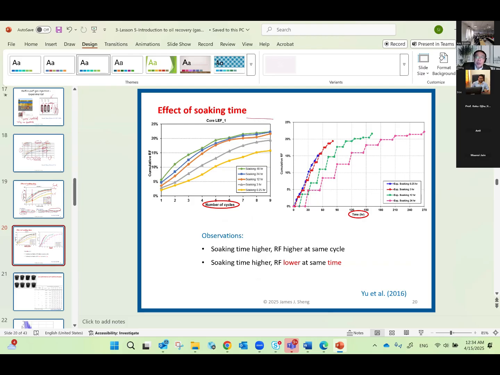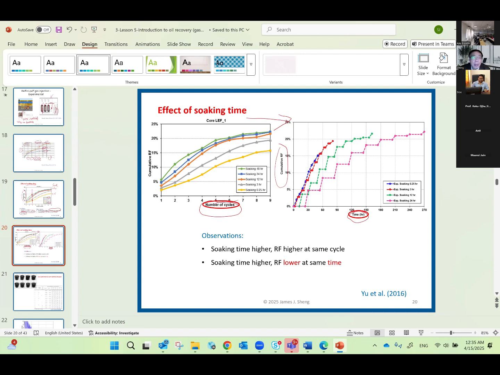Let's change the left-hand side plot into the right-hand side plot. What is the difference here? The right-hand side plot is cumulative oil, the vertical axis is the same, but instead of plotting oil production versus number of cycles, we plot versus operation time, not soaking time.